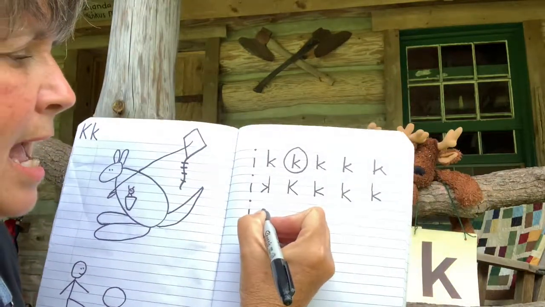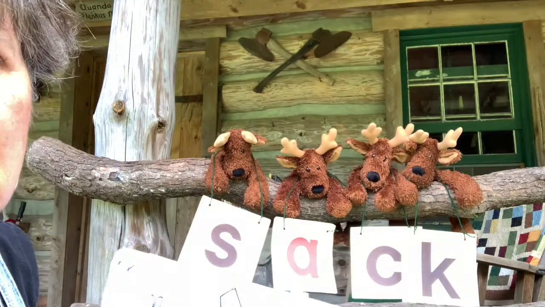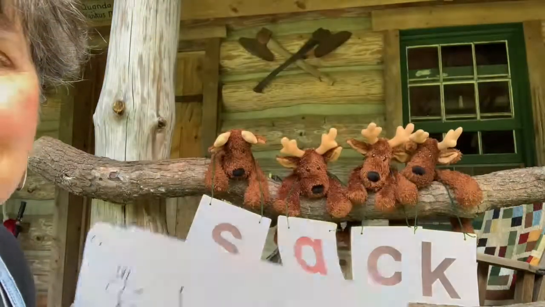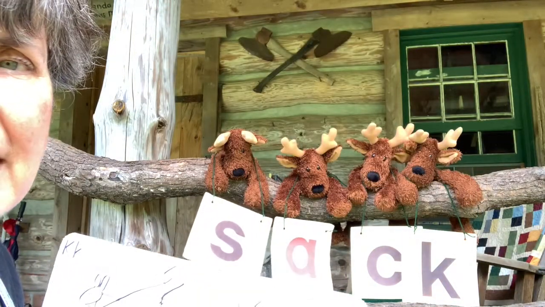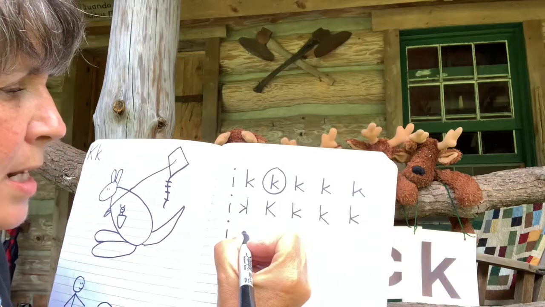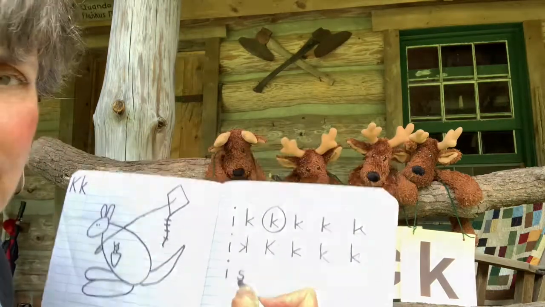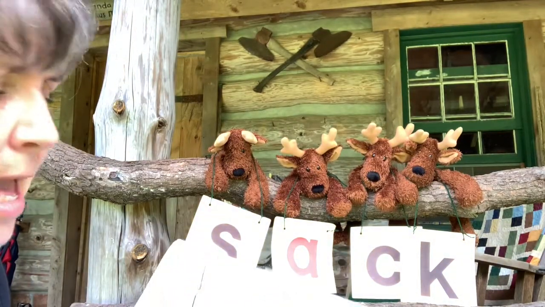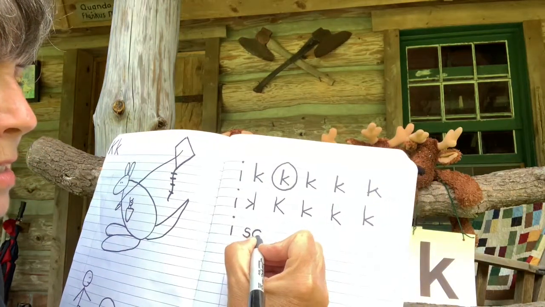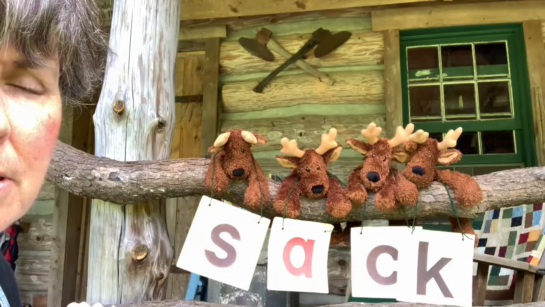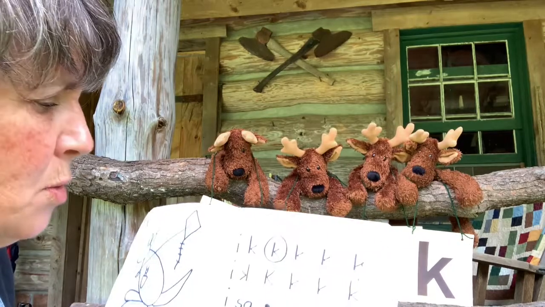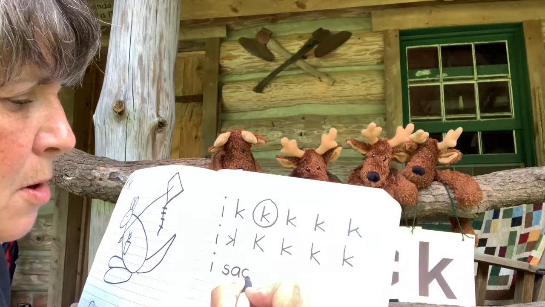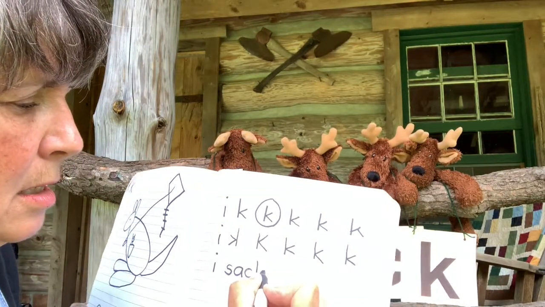Here we have, and we'll write sack. I guess I can't show you the S-A-C-K. I'll do it a little bit at a time. S is a box letter. A is a box letter. CK goes together after a short vowel for sack.